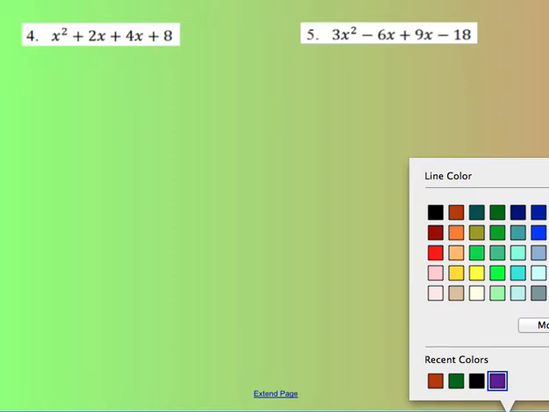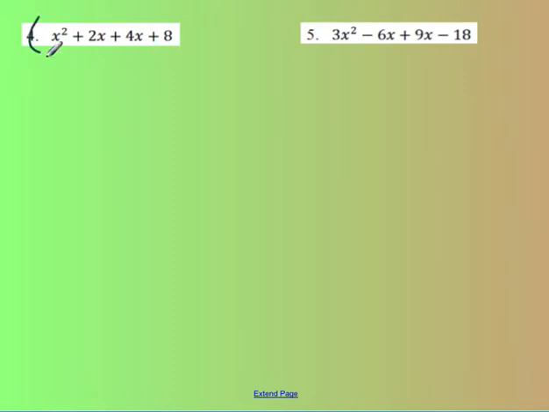So step number 1 is to make 2 groups. So I'm going to make group 1 and group 2. Then I'm just going to ignore the second group and focus on the first group. I want to figure out what divides x squared and x to the first. Well, my coefficients are 1 and 2, and so the GCF of 1 and 2 is just 1.